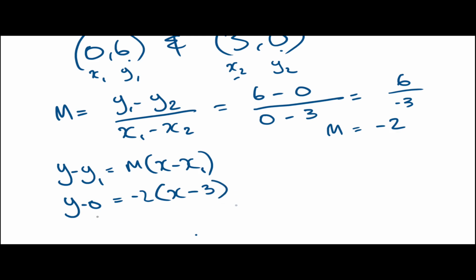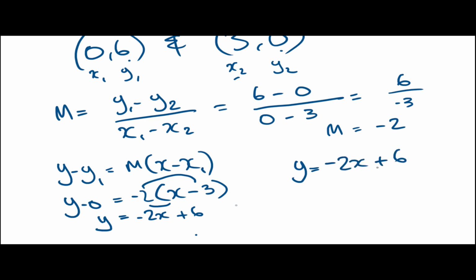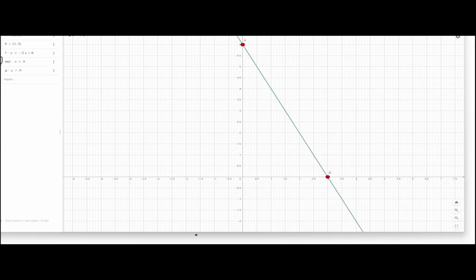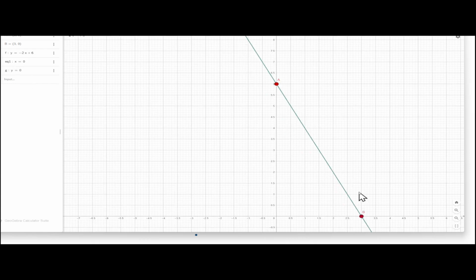So when we come to simplify it, we get y, because y minus 0 is y, and we expand out the brackets, -2x, -2 times -3 is +6. So the equation is y equals -2x plus 6. And if we go to GeoGebra and plot it, yep, sure enough, it goes through both of those points.